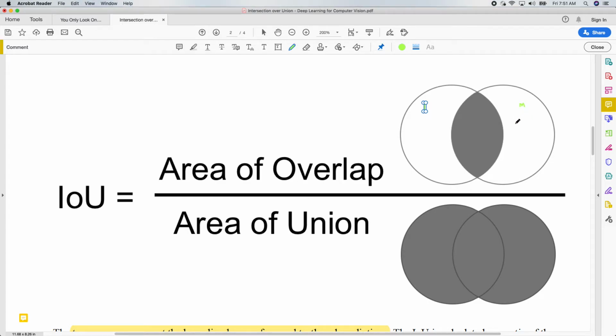You will have an ideal situation when the circle of your model prediction completely covers the circle of your ground truth. In that situation, you will have an IOU of 1, which is the ideal situation.